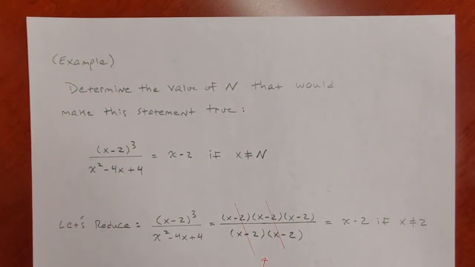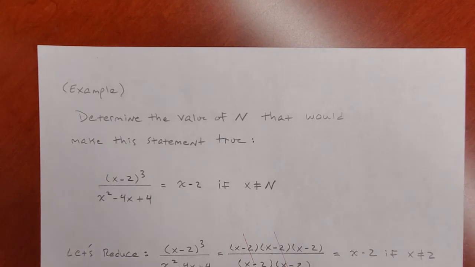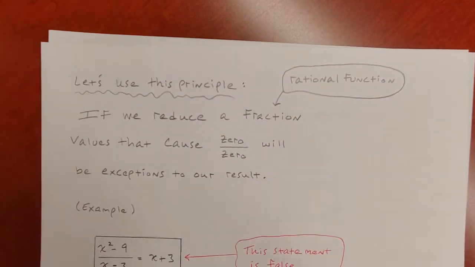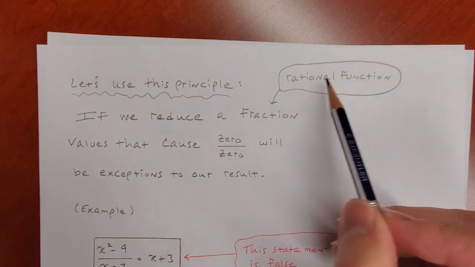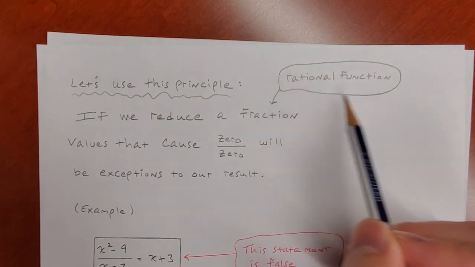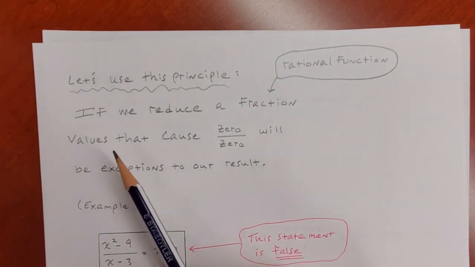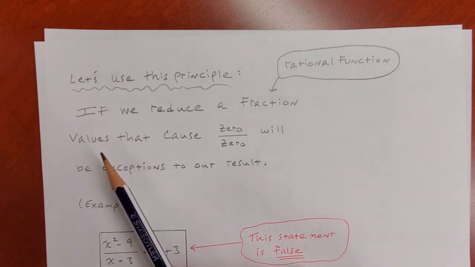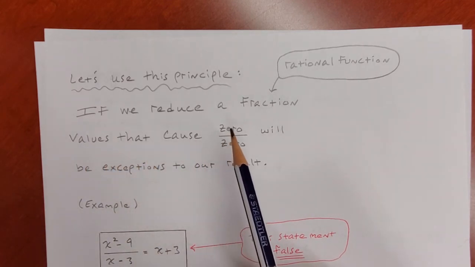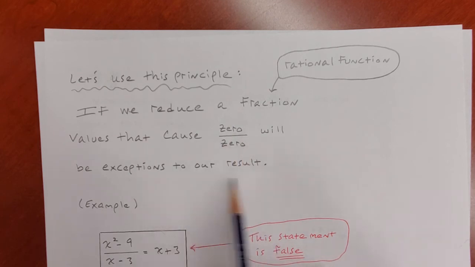Okay, so I got some mileage out of that one. I showed you 2 examples that involve that. So let's look at one more. I'm going to play on the same theme where I'm going to use this principle. If we reduce a fraction, a rational function, if you use the precise terminology, any value for the variable that causes 0 over 0 will be an exception to our result.